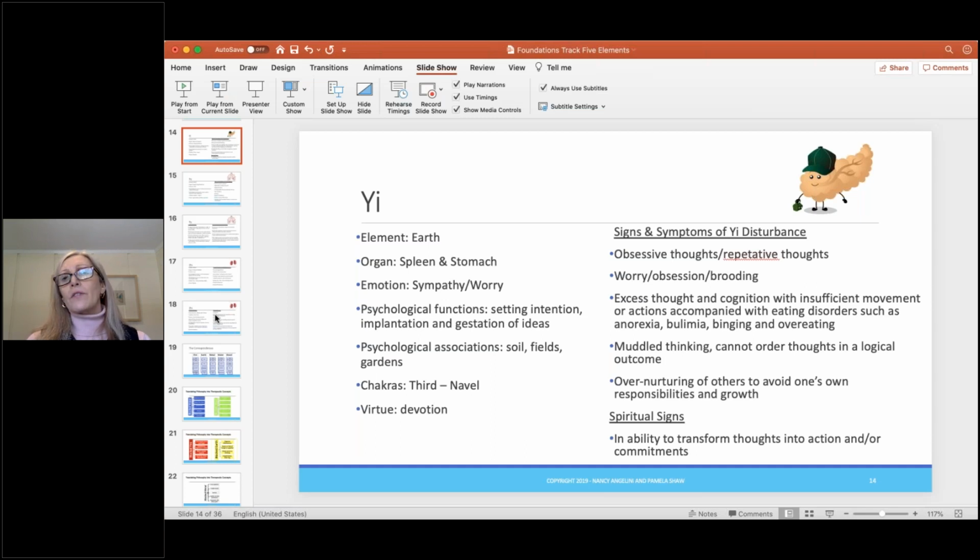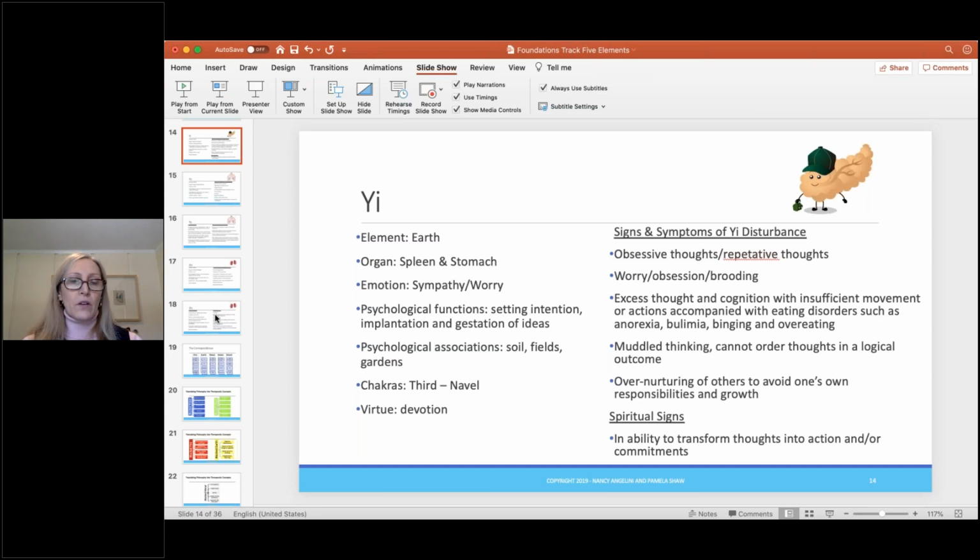Over nurturing of others to avoid one's own responsibility to growth, especially spiritual and or physical. Muddled thinking, can't order their thoughts. They can't create a logical outcome. Lots of times with eating disorders, there's eating disorders with a yi disturbance. There's anorexia, there's bulimia, they might be binging, they might be overeating.